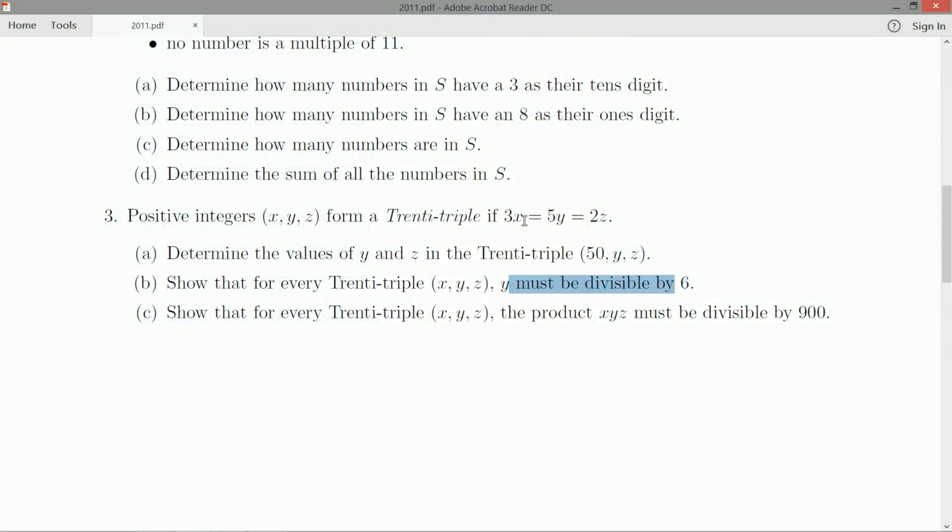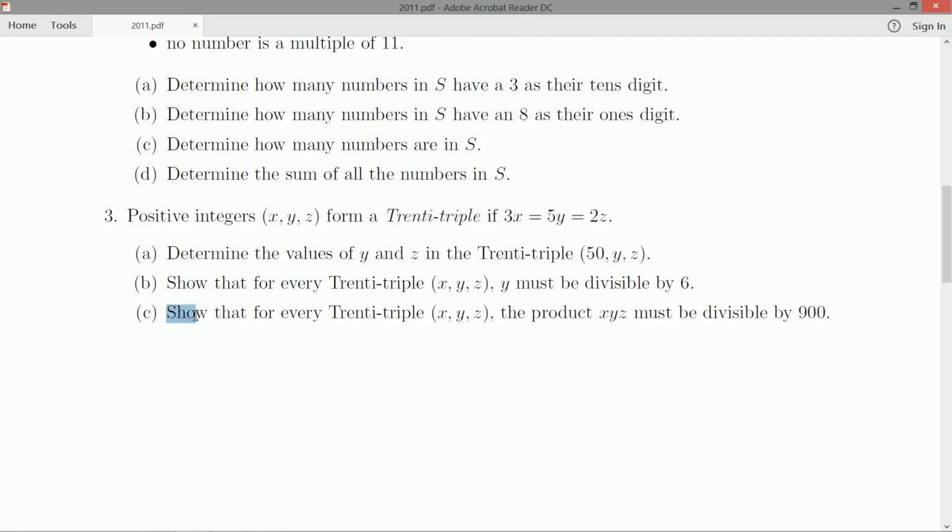Well, what if we chose to focus on x? x should be divisible by 5 times 2, or 10. Okay? And z here should be divisible by 3 times 5. So that's 15, a 10, and a 6. And I wouldn't be surprised if that multiplied out to be 900. In fact, 15 and 6 is 90 times another 10 is 900. So as soon as we understand where this 900 is coming from, suddenly it starts to pop into place.